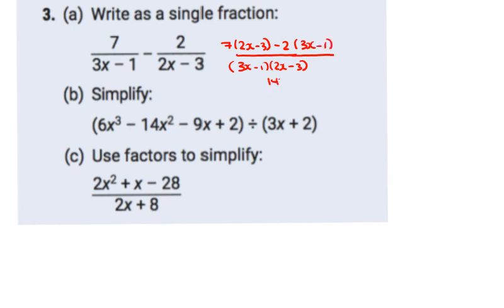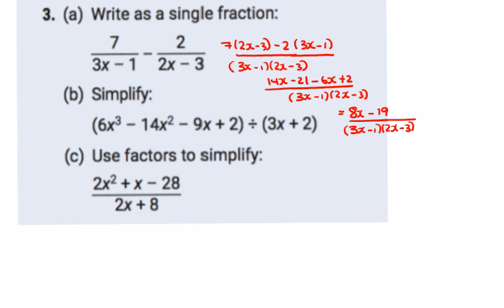So we're going to get 14x minus 21 minus 6x plus 2, be careful with the signs, over 3x minus 1 by 2x minus 3. That's going to equal 14x minus 6x, 8x, minus 21 plus 2, minus 19, over the denominator 3x minus 1 by 2x minus 3.